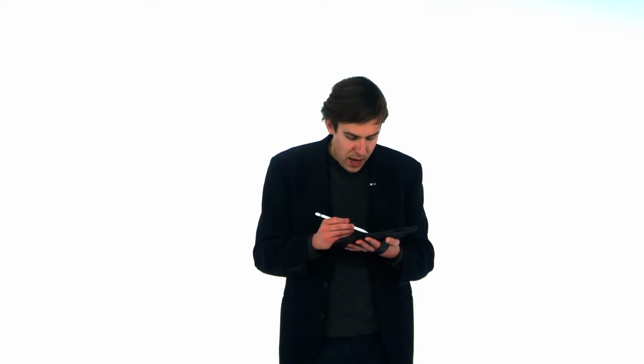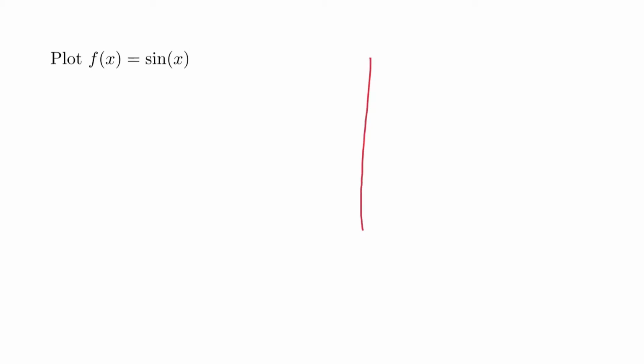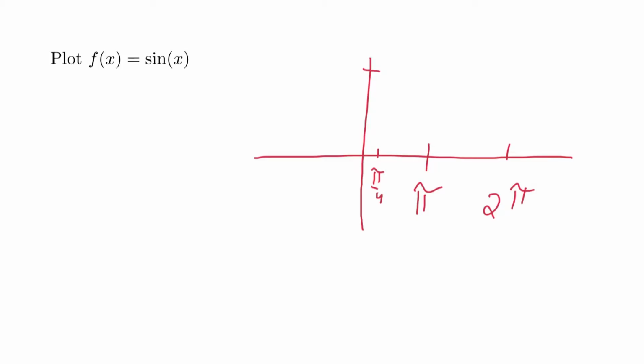So we can use this to actually plot sine of x. So we'll do this in radians. Okay, so what are some values I know? I know that at pi over 4, I'm at the value 1 over square root 2.